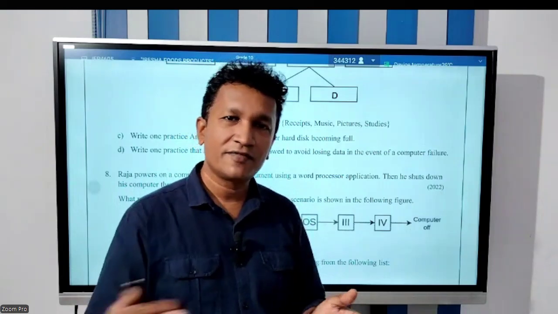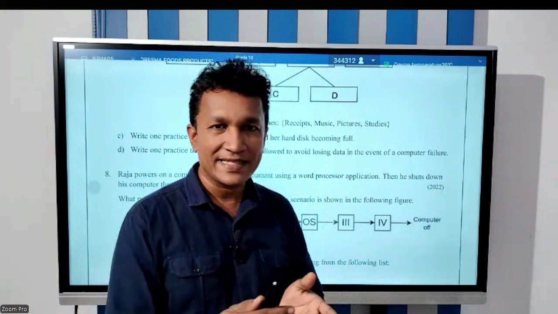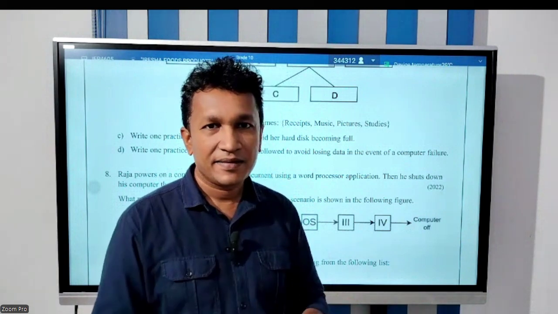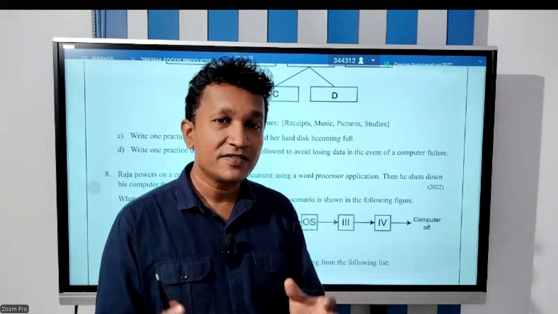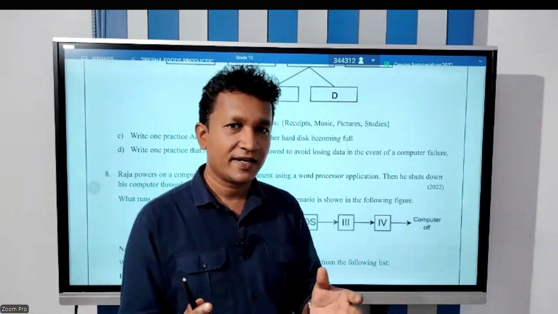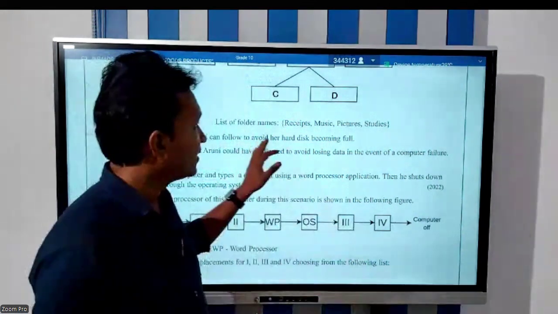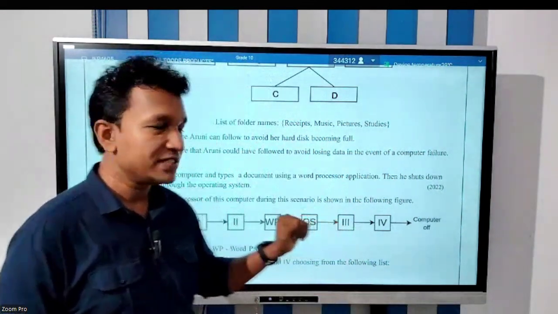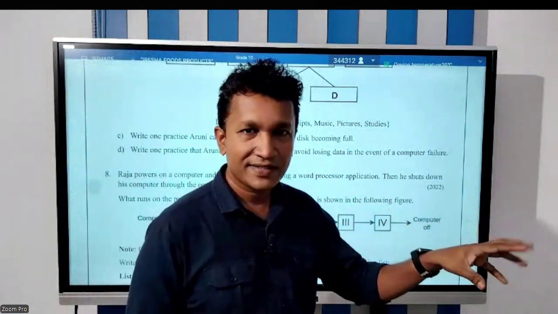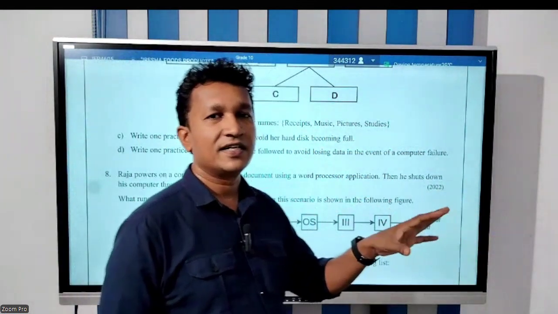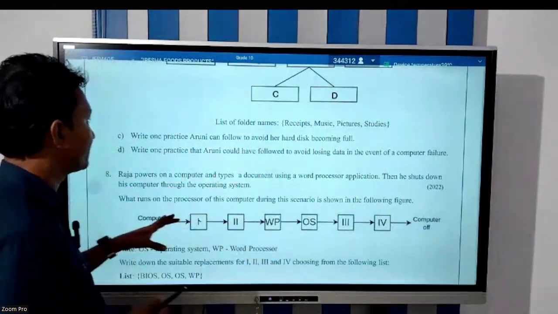So once the files come to the same place, there will be more space in the hard disk, right? So the hard disk will be very efficient then, right? So we can write down defragmentation as well in this answer. One is delete unwanted files. Second one is defragment the hard disk.